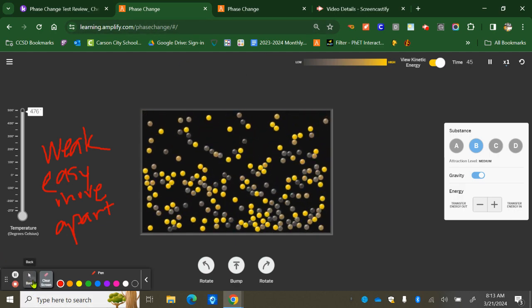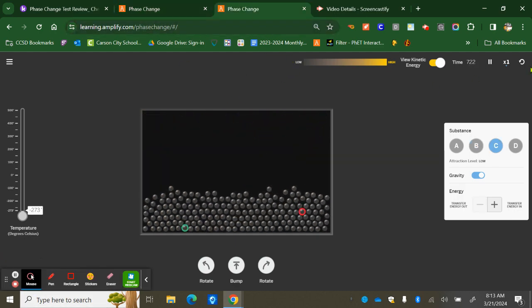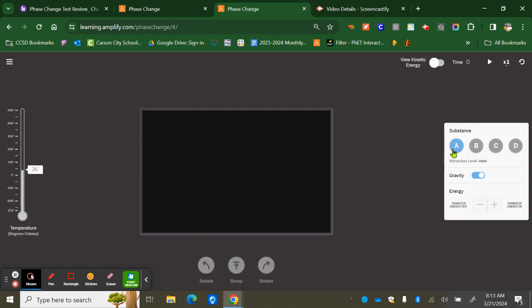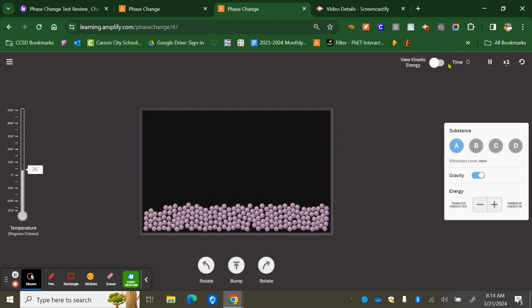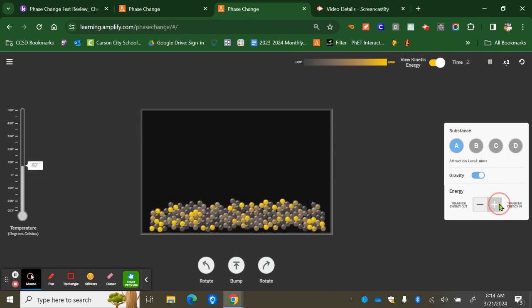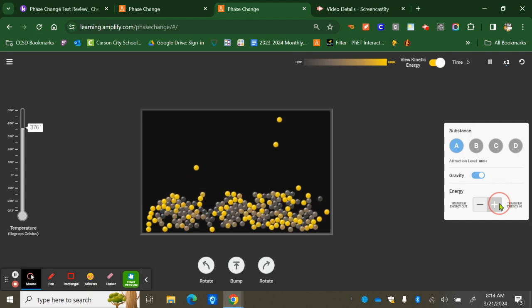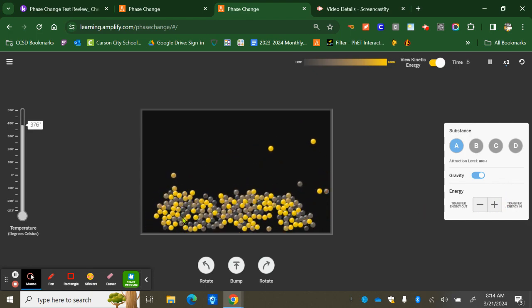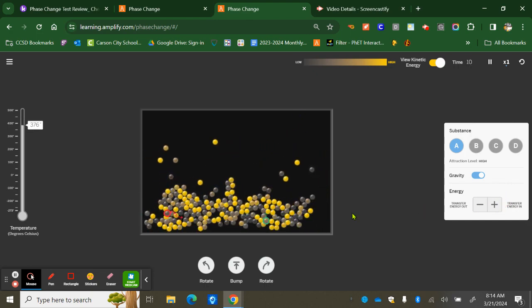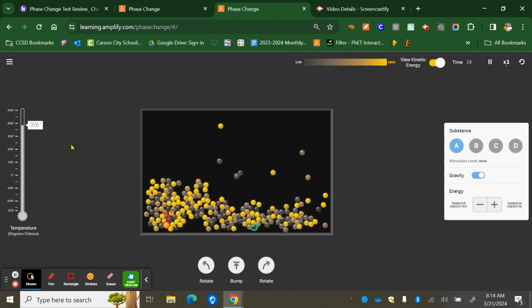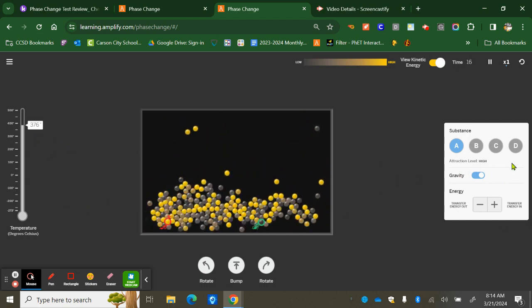Now let's look at another instance. So I'm going to still have a liquid, but now I'm going to have a strong attraction. So the first thing I need to do is make this a liquid. All right, so I have a liquid, my molecules are moving around each other. And now I want this to become a gas. If I have a high attraction and I want this to become a gas, look at this already.